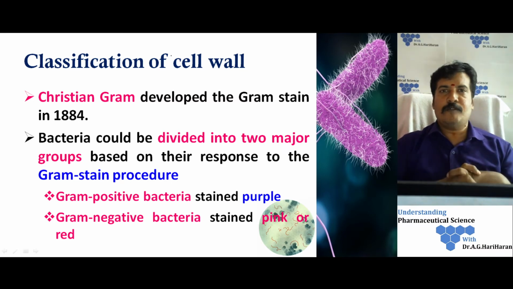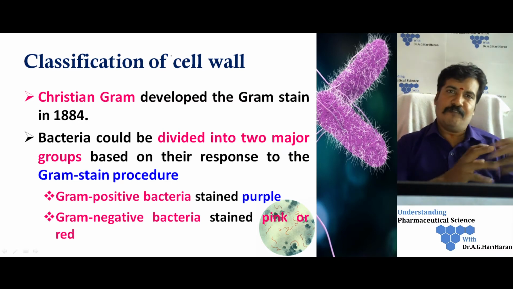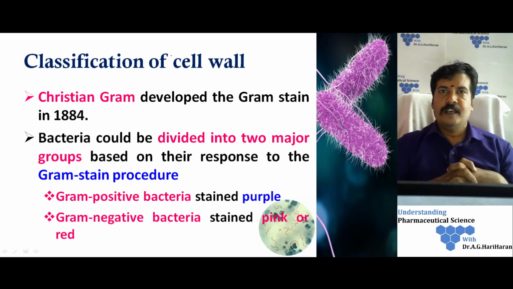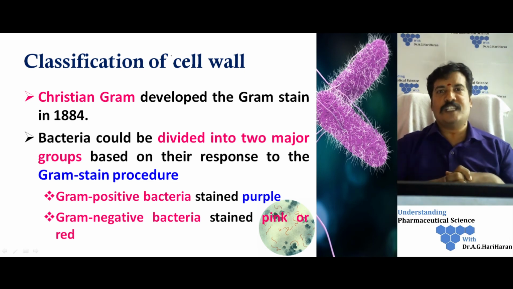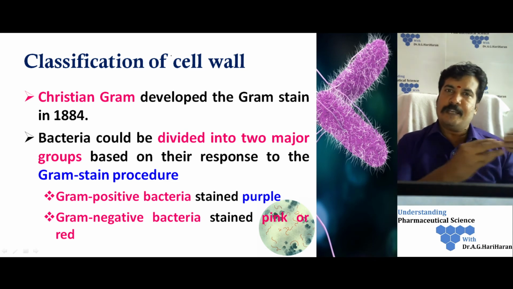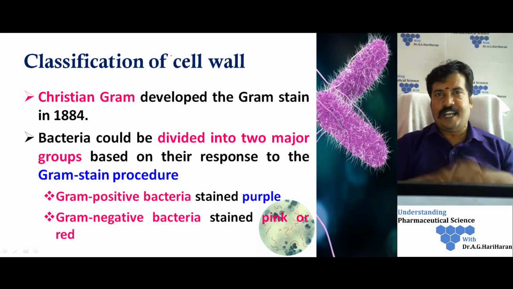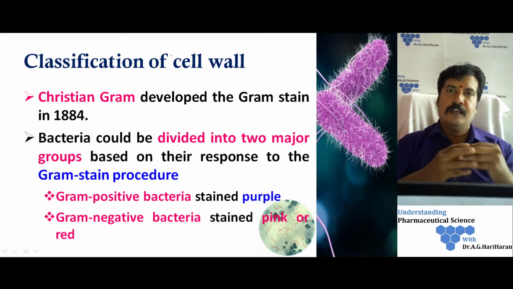And the second one is the gram negative bacteria, which fail the gram staining technique. Instead of taking the primary staining agent, it takes up the counter stain. That's why it looks pink in color. What this gram staining technique actually does is that we treat the particular specimen with 4 reagents.